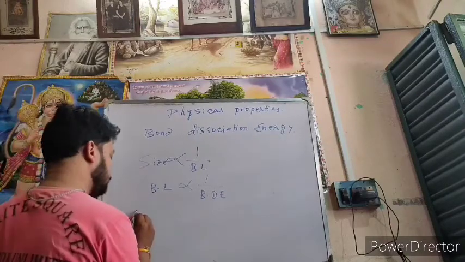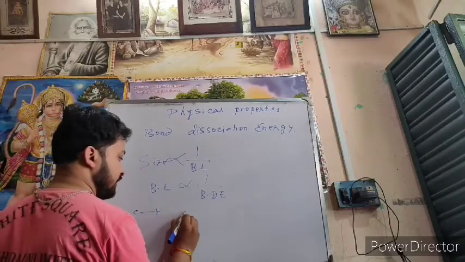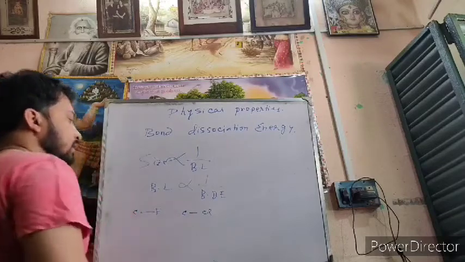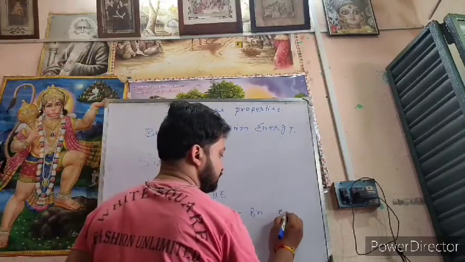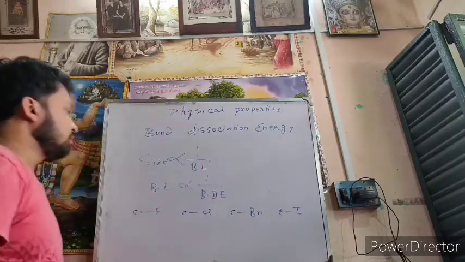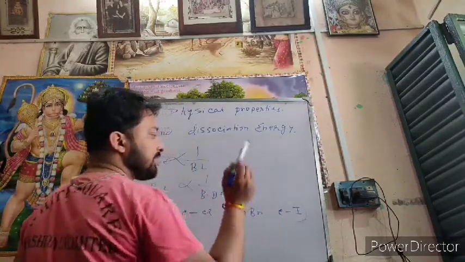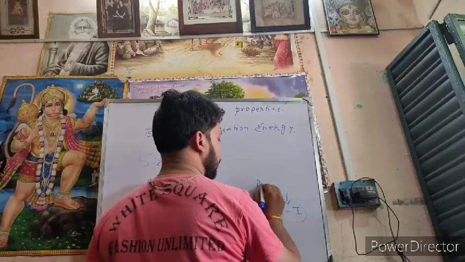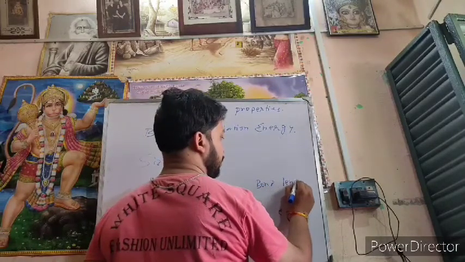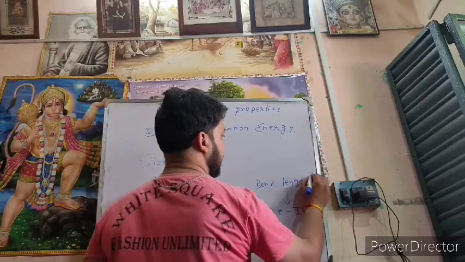So now C-F, C-Cl, C-Br, C-I. We know the bond length of this compound is high.